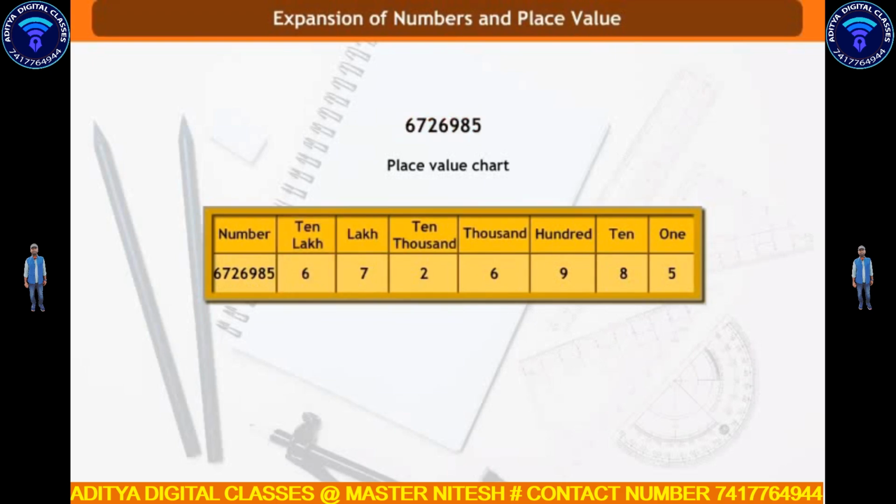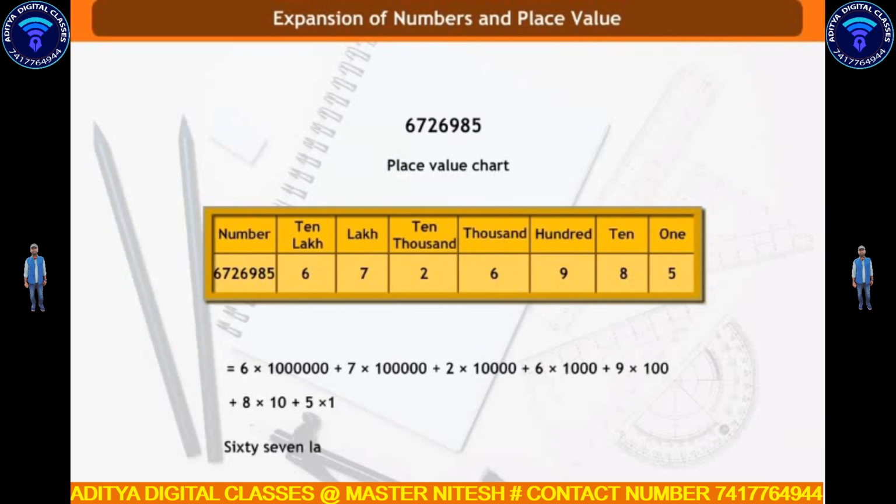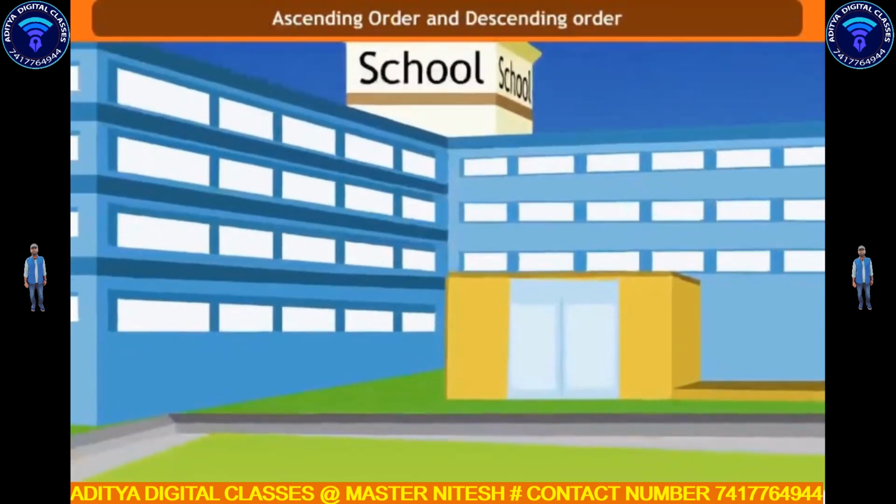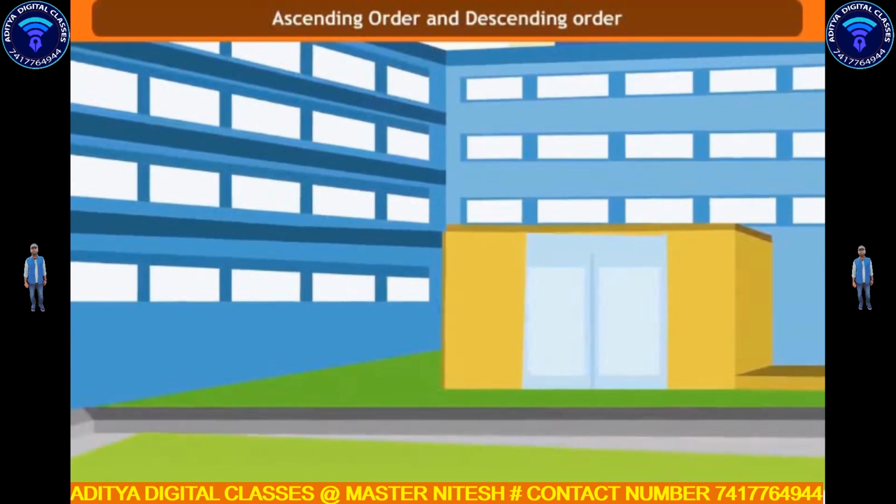Now we write this number in the expanded form as this. Read the number as 67,26,985 only.